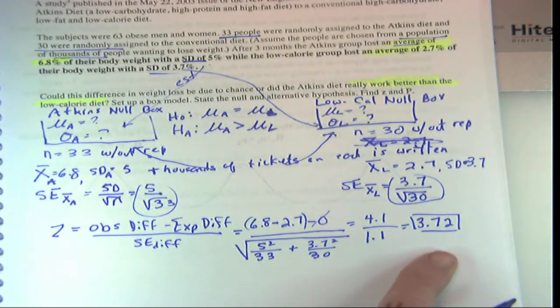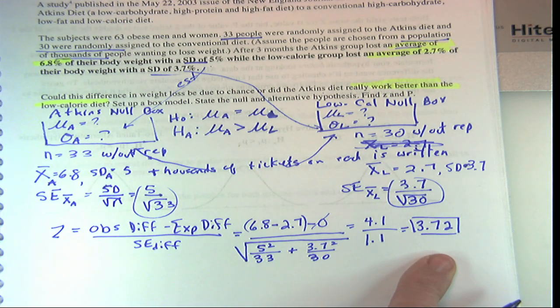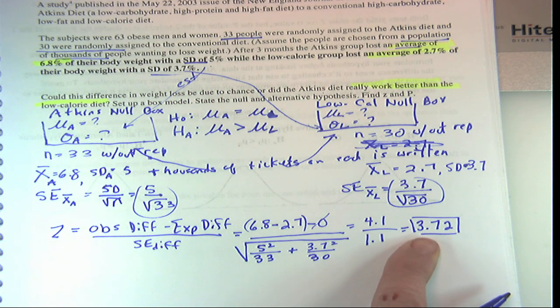At this point in this course, you must realize that's going to be way out on the tail. Remember, 99.7% is between positive and negative 3, and this is even more than that.